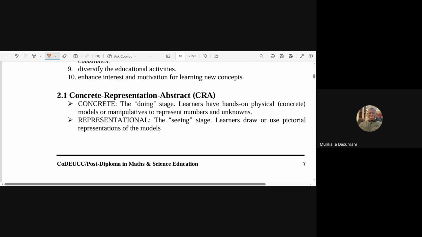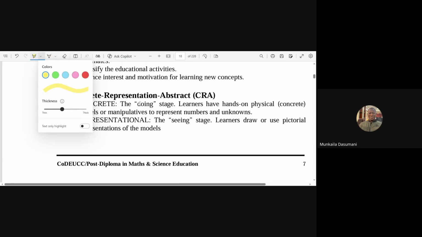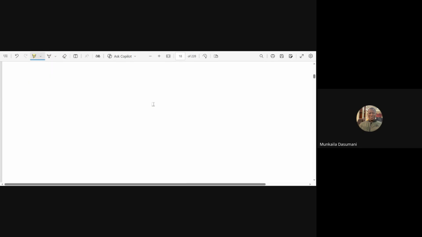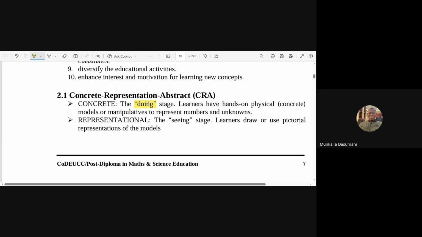Now, concrete nature, when do you say it's concrete? We have this scenario here, assuming that we have, let me take this marker. So you have the doing stage.